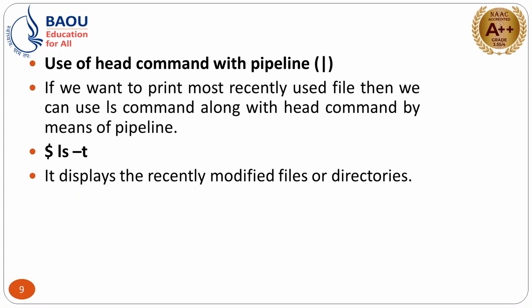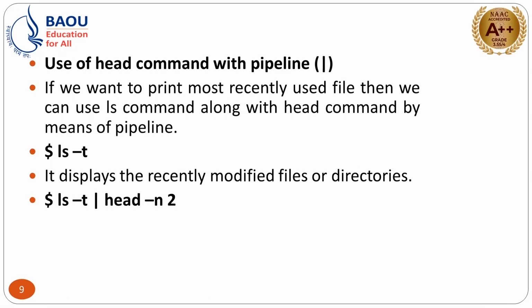Say for example you want to display a list of all the files according to their modification date and time. In that case you use the ls command with the T option. Now suppose there are multiple files in your current directory, but you would like to list only the first 2 or 3 files, the latest files, whose modification time is most recent.